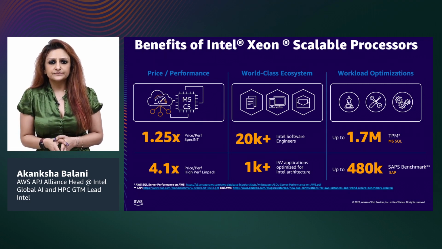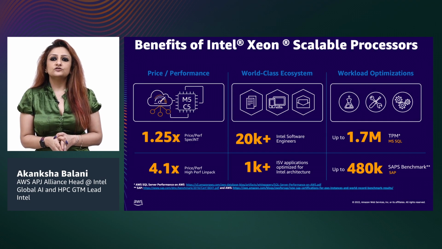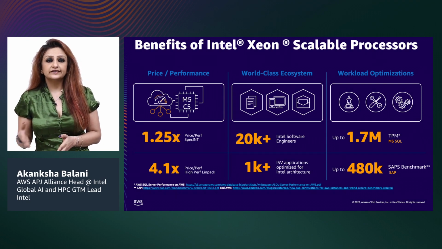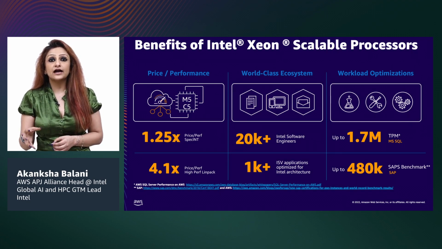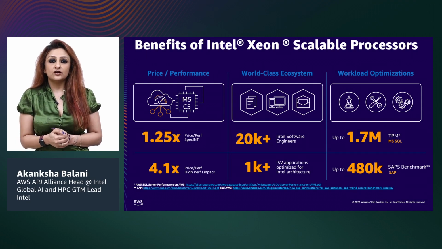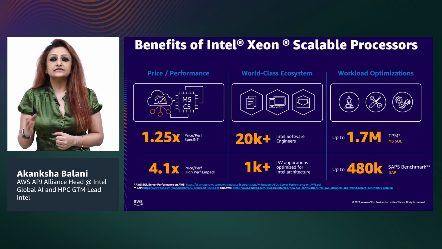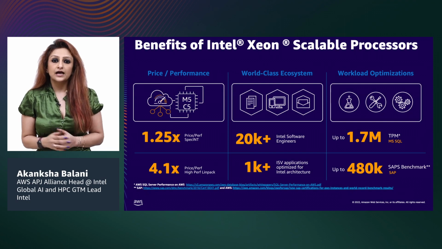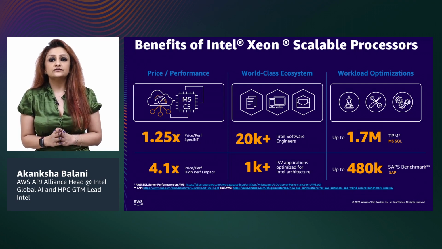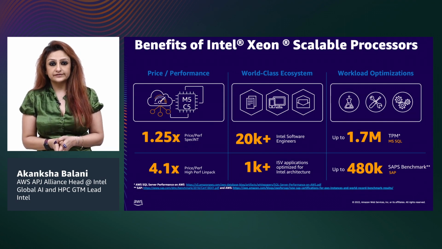Why does this matter? Intel's architecture can do more with less. This translates into real savings for you, especially when considering the impact of software licensing. A single core of Intel Xeon Scalable processors will do what takes 2 or 4 cores, depending on the workloads, of another technology. Again, this is about delivering both value and performance.